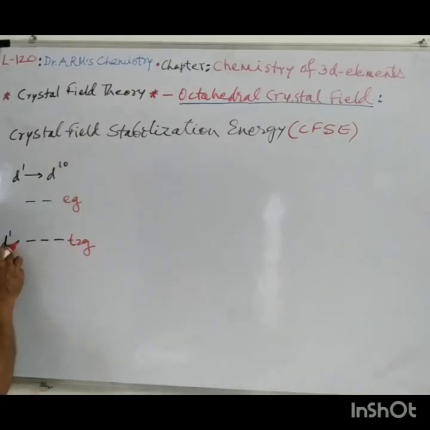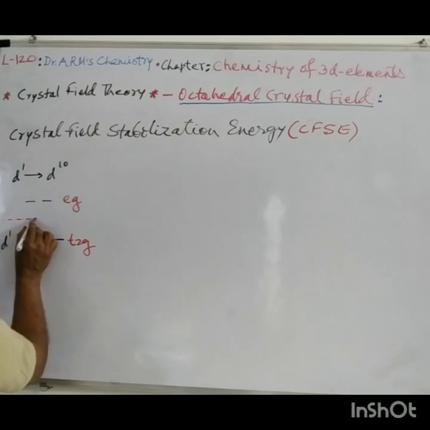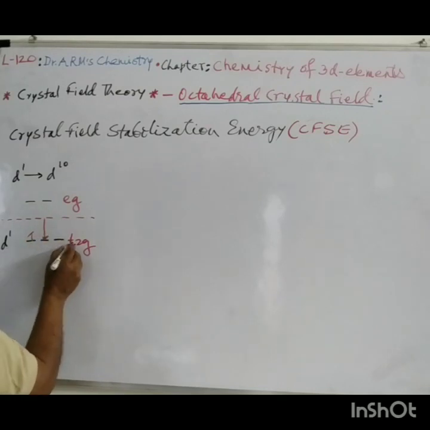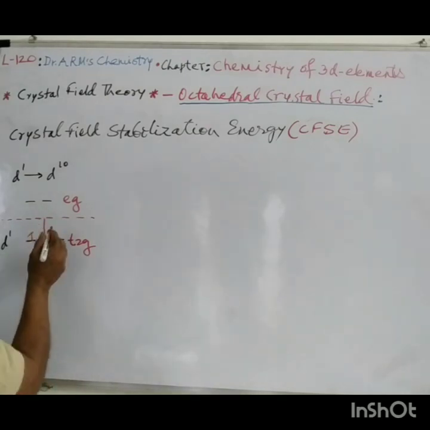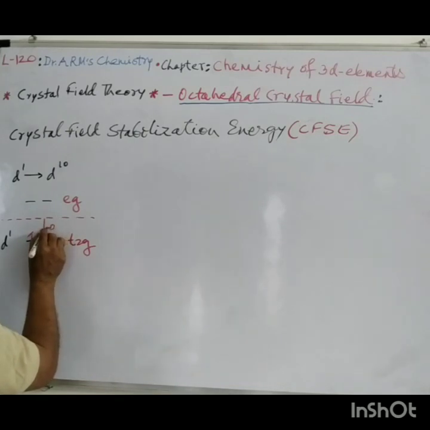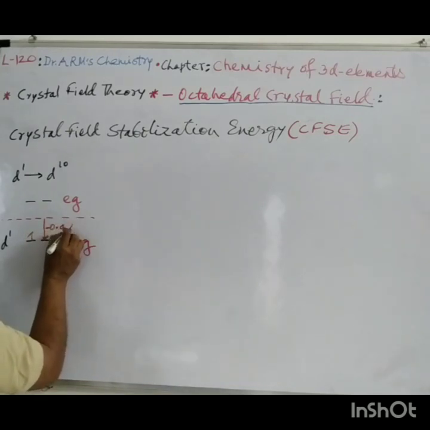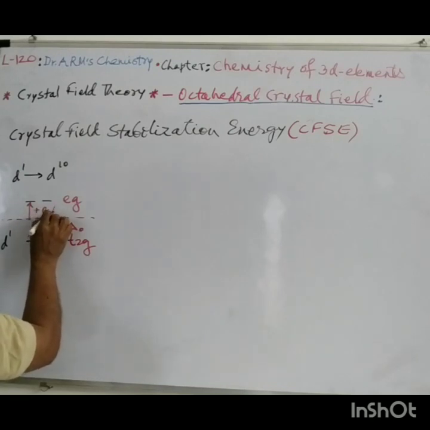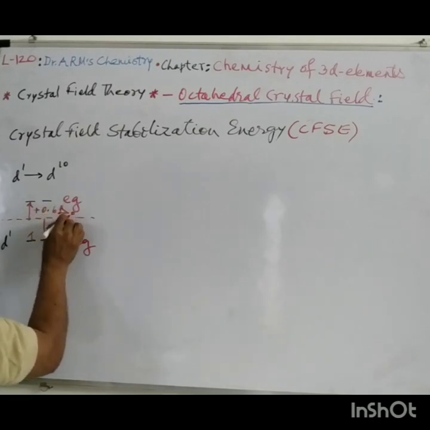In the given configuration there is only one electron, and so this is the barycenter. The energy of the t2g orbitals is lowered by minus 0.4 delta O, and the energy of the eg orbitals is increased by plus 0.6 delta O.